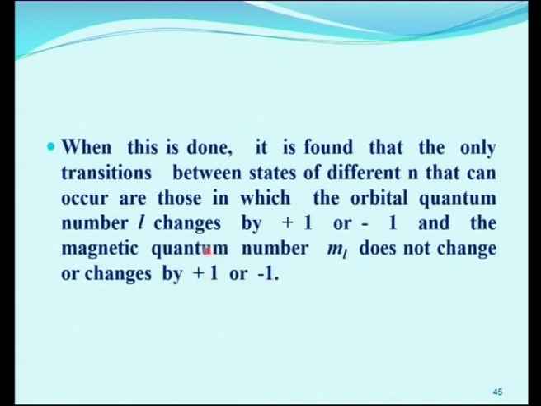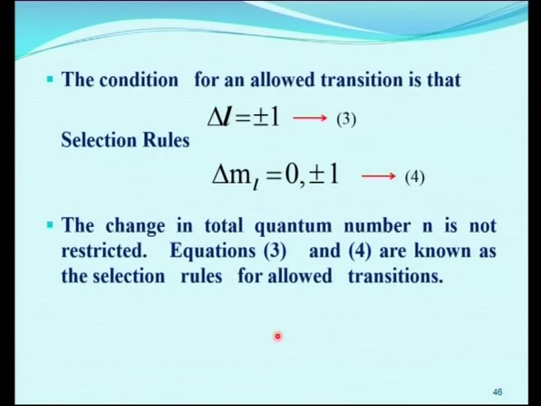So there is a difference between the orbital quantum number L and the magnetic quantum number ML. Now let us see the conditions. The condition for an allowed transition is that delta L is equal to ±1.